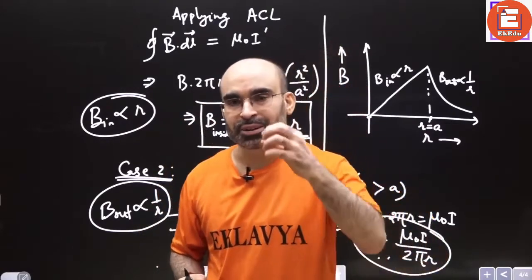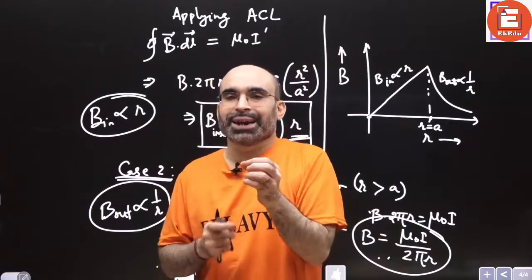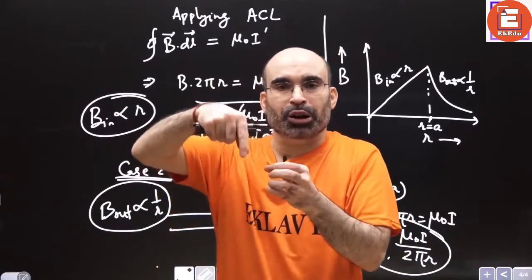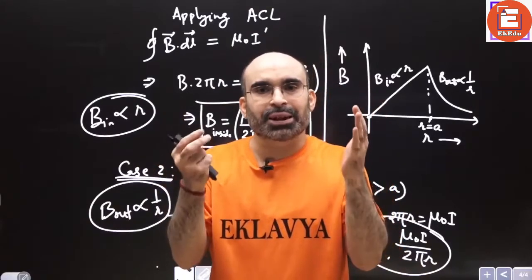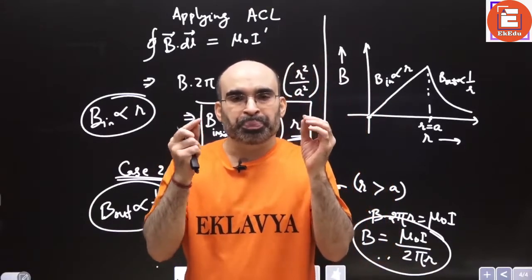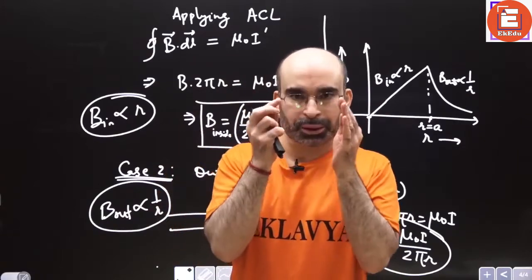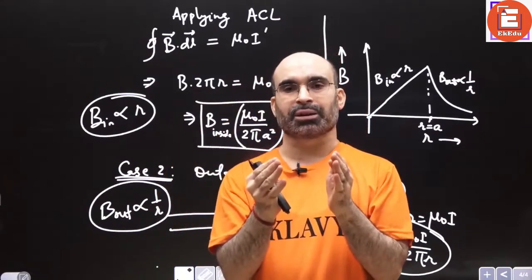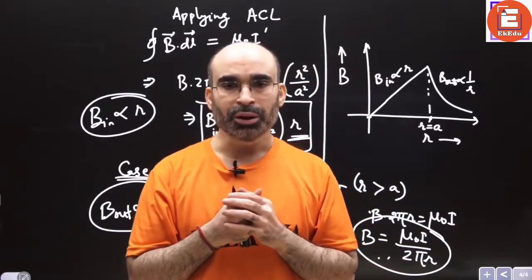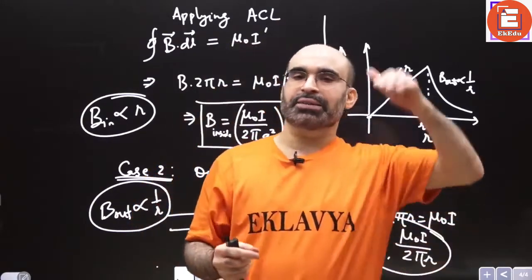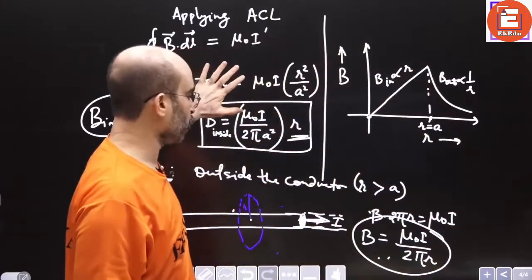If you consider the thickness of the conductor, in the entire cross section, some current is flowing. So if you are interested in finding out the portion, the loop inside the conductor with smaller cross section, in that case, ACL is applicable. So this is going to be there.